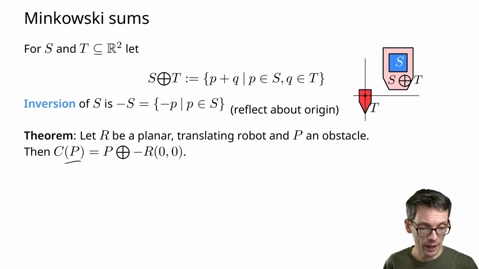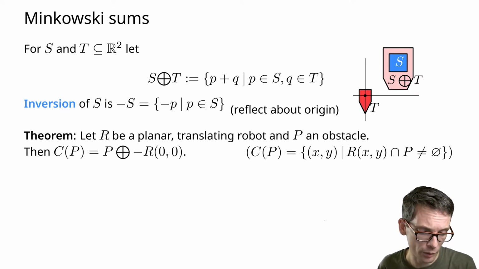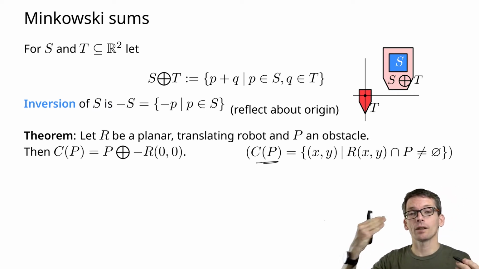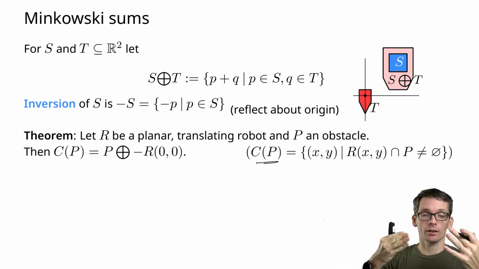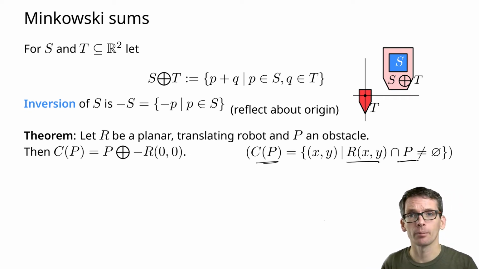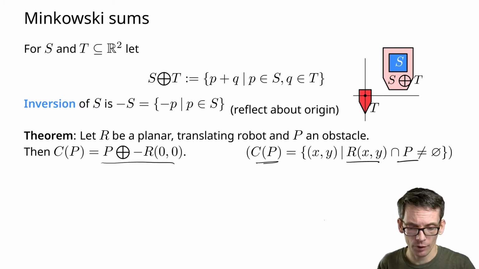So why is that the case? Let's first remind ourselves how the forbidden space is defined. The forbidden space is any configuration xy such that the robot at that configuration intersects the obstacle, R_xy intersects P. So why can we describe the forbidden space like this?